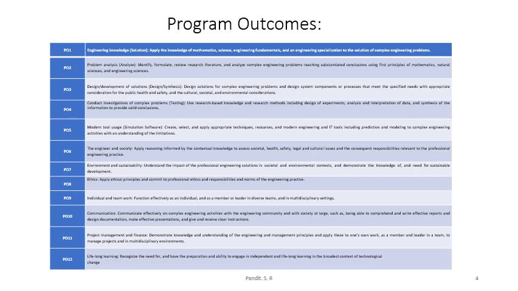In PO2, he should be able to define the problem, identify the problem, formulate the problem, and give solutions to the problem. In PO3, the student will be able to design solutions to the problem. In PO4, through investigations, he should be able to solve complex problems. PO5, use of modern tools.